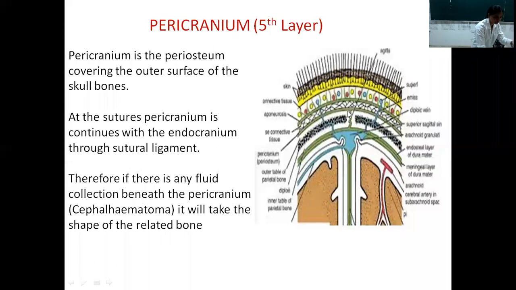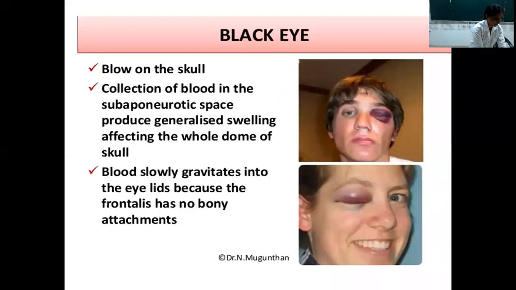It is restricted within the limits of the bone. For example, in the shape of the parietal bone, we can see any fluid accumulation or hematoma just beneath the pericranium, which is known as cephalohematoma. This is very, very important. You have to know.